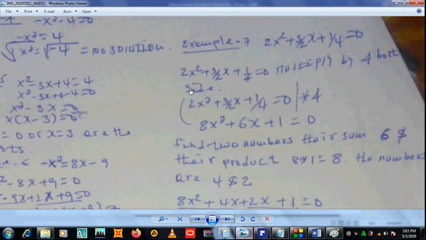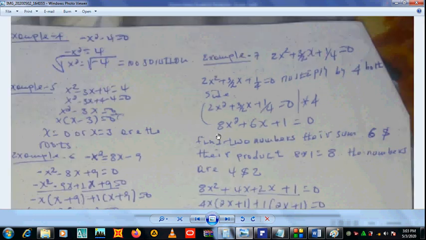When you multiply this equation by 4 on both sides: 4 times 2x square gives 8x square, 4 times 3 over 2 x gives 6x, and 4 times 1 over 4 gives 1. Find two numbers whose sum is 6 and whose product is 8 times 1, 8.